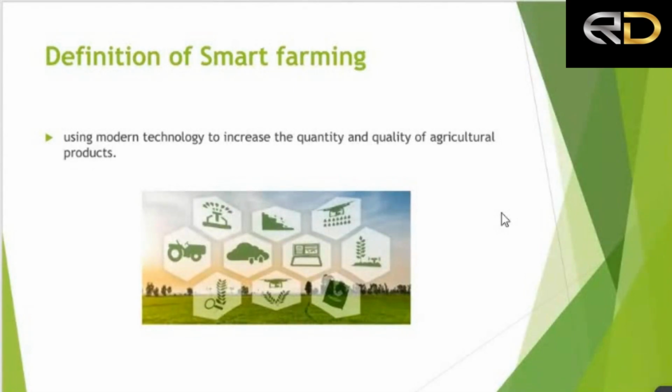So IoT and AI are all smart farming techniques we are adopting. Why are we adopting them? Because we want to increase the quantity and the quality of agricultural products. For that, we are introducing high-tech greenhouses.